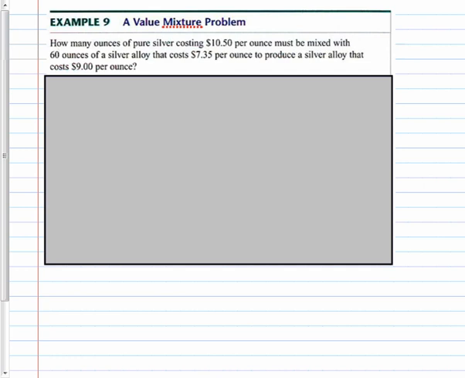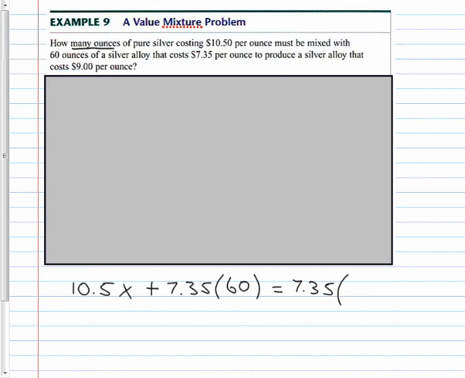Okay, well, we have this first thing that's 10.50. How many ounces do we have of this 10.50 stuff? X, we don't know. We're going to add to it 60 ounces, and it's $7.35 an ounce. How much do I have of it? 60. They actually told us 60. When I'm done, I want to end up with something that costs $9. I already used my $7.35.